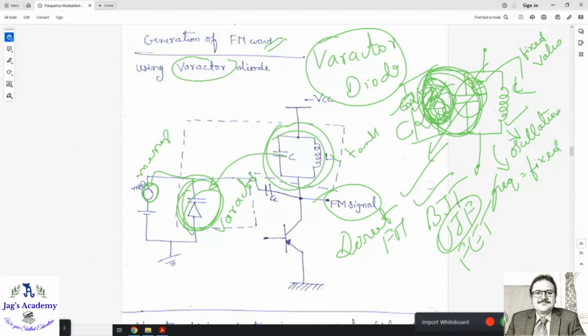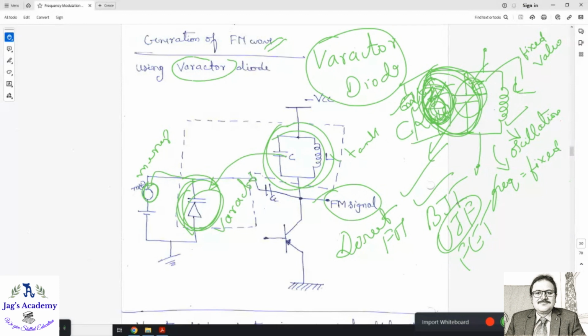That capacitance will generate different frequencies accordingly, you know that. The main essence of generating varying capacitance according to the applied message signal is the varactor diode here. Yes or no? Who is the hero of this circuit? The varactor diode, right?